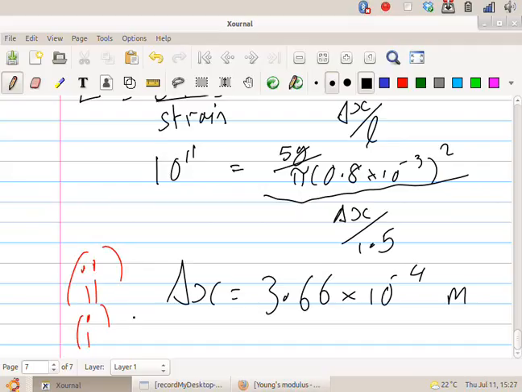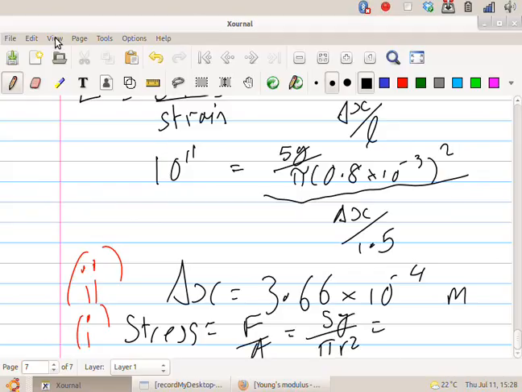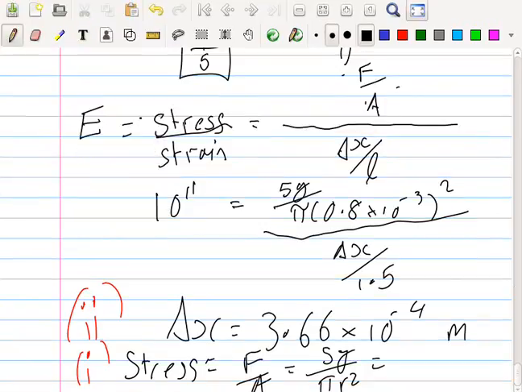Okay. Next one is the stress, which is F over A, which is 5g over pi r squared. So 5 times 9.8 divided by pi, or what's the radius? It was 0.8, wasn't it? Yeah. Squared.